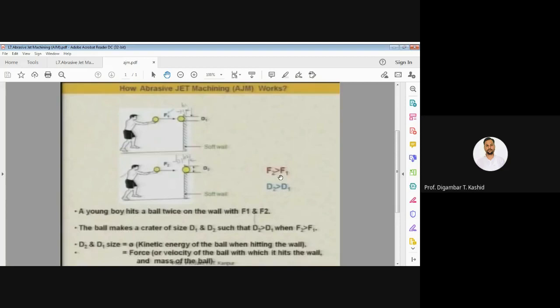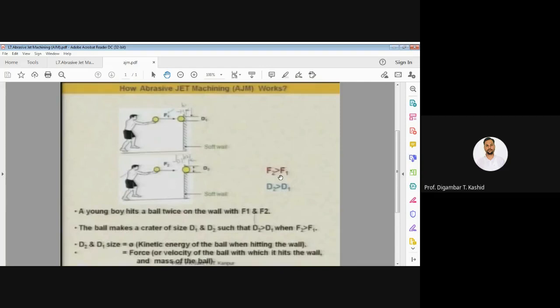And that velocity or the force being applied on the wall, that is F2, is larger than F1, and that is why the penetration depth, that is H2, is also greater than H1.